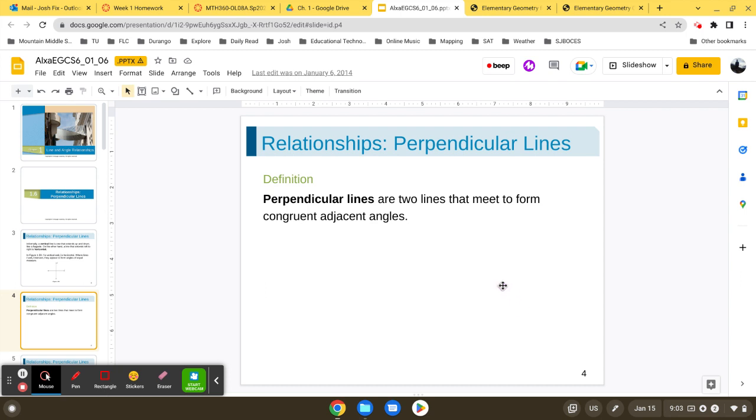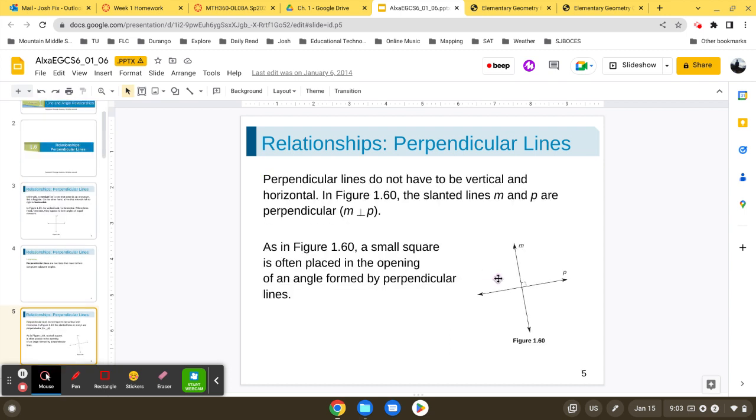Perpendicular lines are two lines that form congruent adjacent angles. In this case, we have line M and line P. They are perpendicular lines. They form a 90-degree angle, so we have adjacent angles. This angle over here would be adjacent to that angle over there because of the 180 rule.